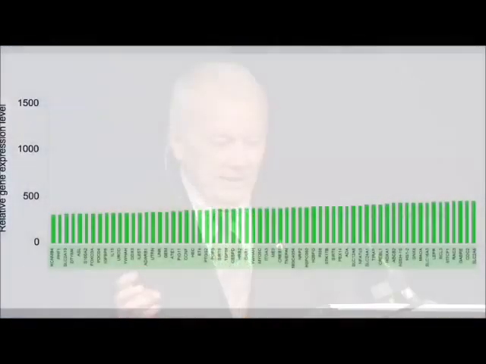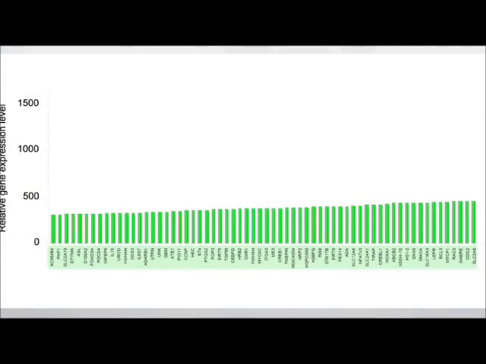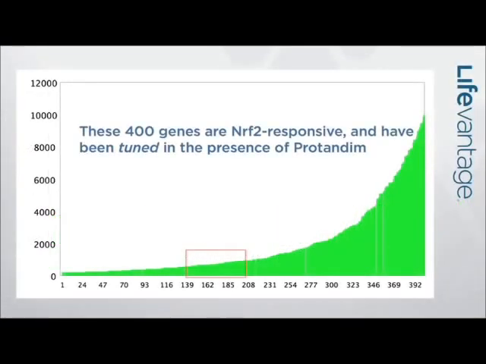What we've learned in the last 5 years is that it affects not only those 63 genes, but these 400 genes, all right? So 3 of those are SOD, catalase, and glutathione peroxidase. Have we realized that Protandim does a lot more than that? You bet. We went from 3 genes to 400 or 500 genes that we're now talking about.